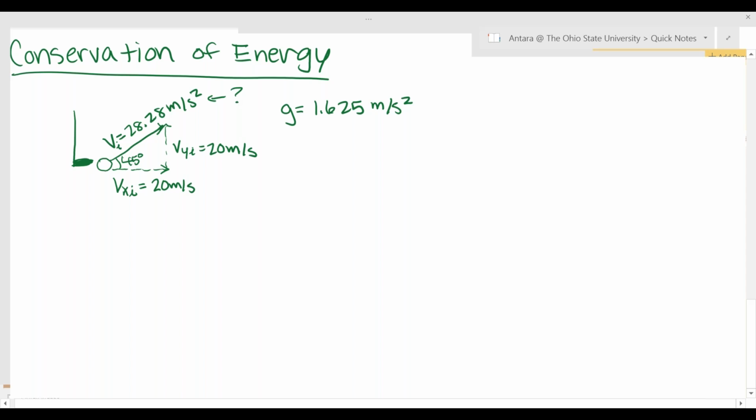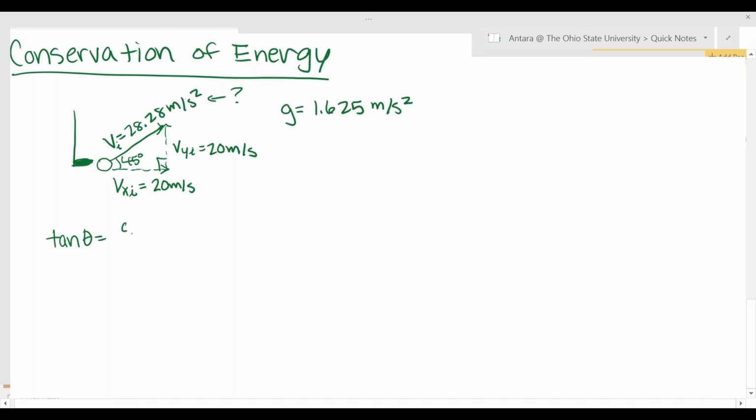So when we have both sides of a right triangle that are not the hypotenuse, and we have one of the angles, we can go ahead and use the tangent formula.